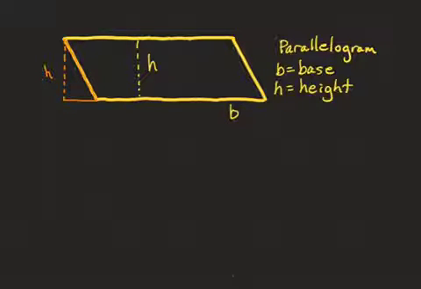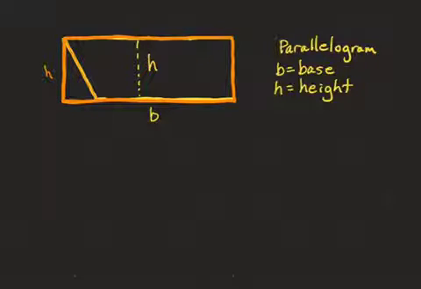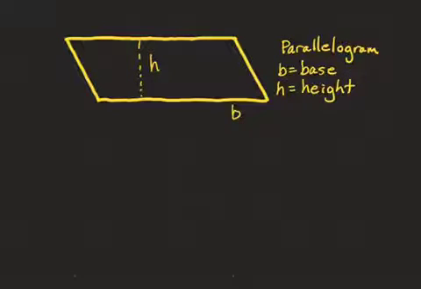If we have cut that off from this side so that this side is no longer there, then we actually have a rectangle, length times width, except we have used the symbols base and height to indicate the length and width. So with the parallelogram, we will use the formula area equals base times height.